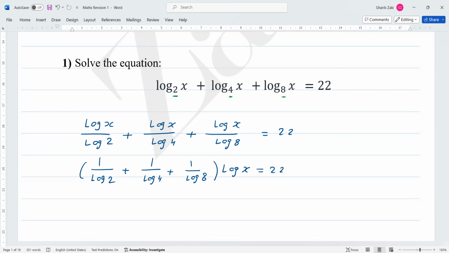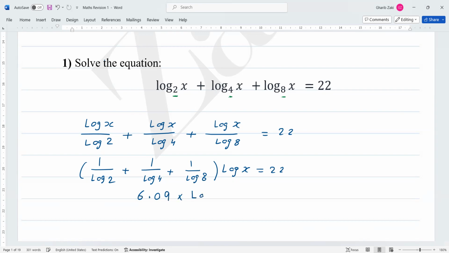Solve with me, please. 1 over log 2, close the bracket, plus fraction 1 over log 4 plus fraction 1 over log 8, equal, the answer is 6.09.